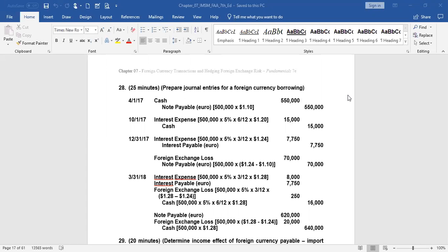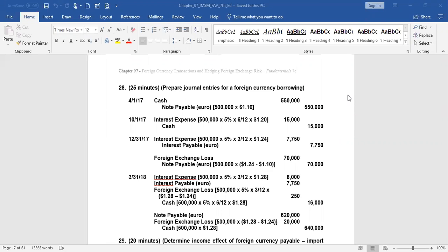Now, the next interest payment is not until March 31st of 2018. Our year ends December 31st. So if you drew a timeline, we would have to calculate and record the amount of interest that's occurred on this loan from October, November, and December, because that just takes us back to Accounting 101.